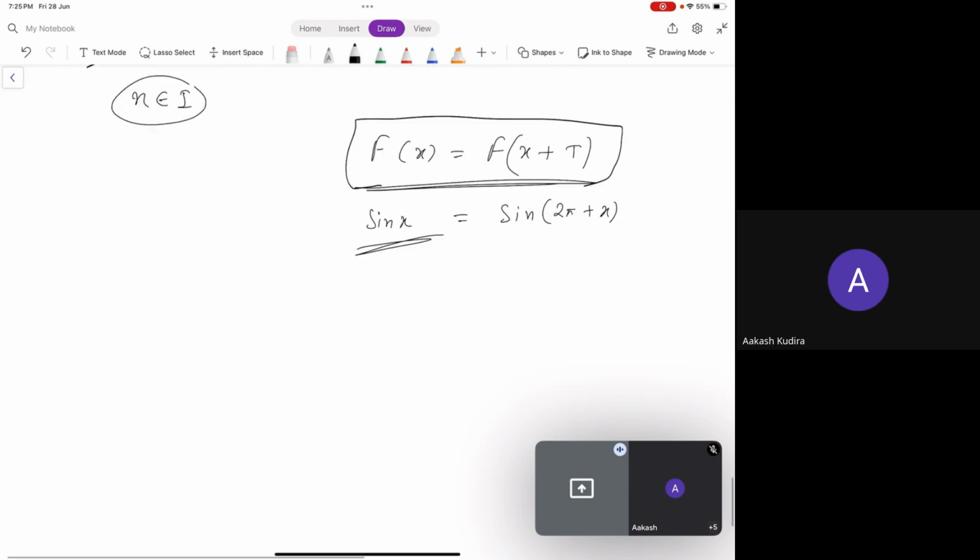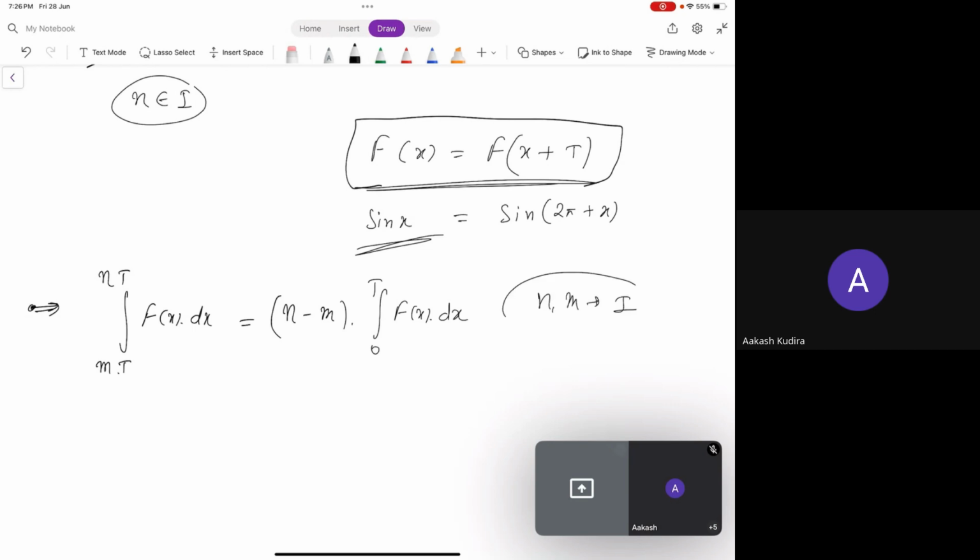Now this is the first product property. And the second property, again a product property: if the limits are from m t to n t of f(x) dx, then this equals (n minus m) multiplied by the integral from 0 to t of f(x) dx. Again, n and m are integers.